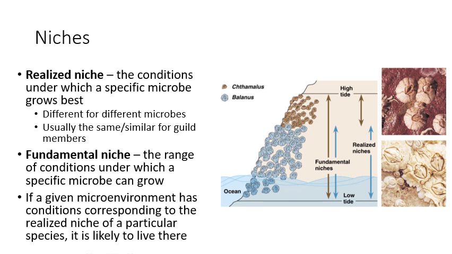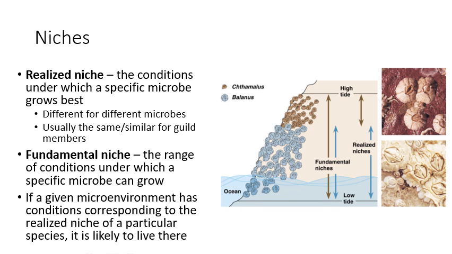You can frequently predict what microbes you would find living in a particular microenvironment if you know the realized niche and/or the fundamental niche for that species of microbe. The realized niche is the conditions under which a species of microbe is able to grow at its optimal rate, or as fast as it possibly can.